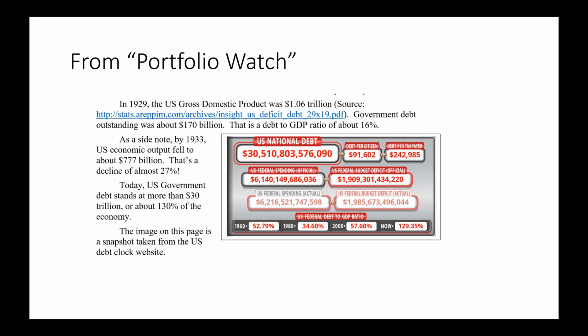Now, fast forward to where we are today, and I've got a screenshot of the debt clock on the slide here. U.S. government debt now stands at more than $30 trillion. And you can see on the bottom right of this debt clock, that's 129.35% of the U.S. economy.